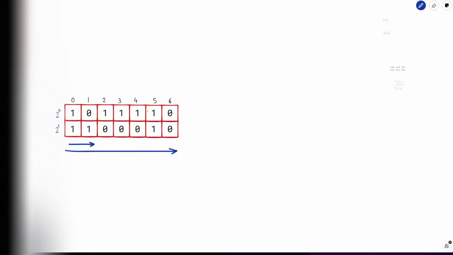So if there is at least one number which has this particular bit set, at the end that bit will be set. So let's do this operation. If you do this operation on this i and this j, you will get 0 1 and 1 1, right, after the operation is complete.